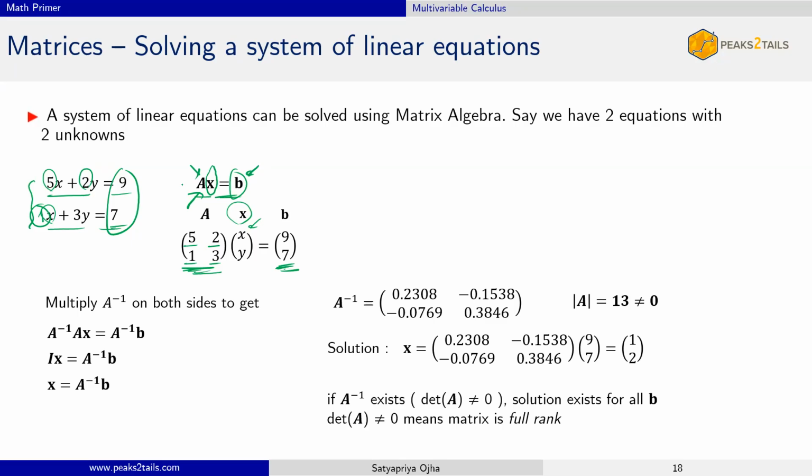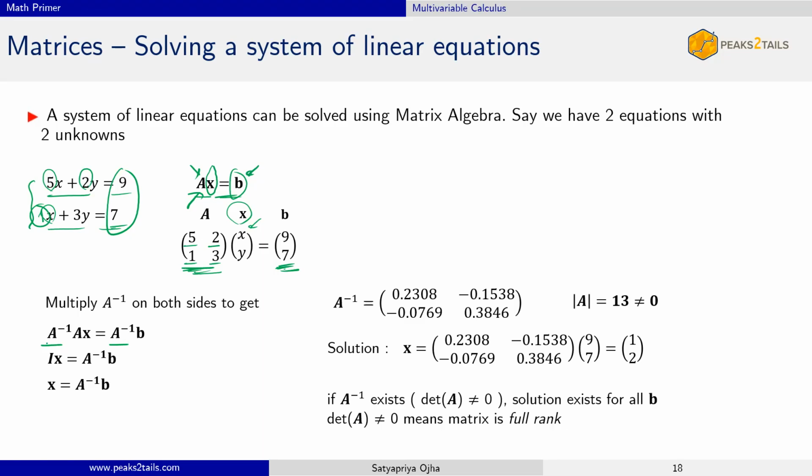Okay? How do we solve this algebraically? It's very easy. So do one thing. Multiply A inverse on both sides. And please remember one thing. Whenever you do matrix multiplication, it is not just randomly multiplying stuff on the left-hand side, right-hand side. Order is paramount, because remember, matrix multiplication is not commutative.